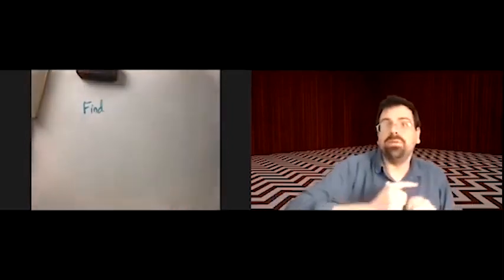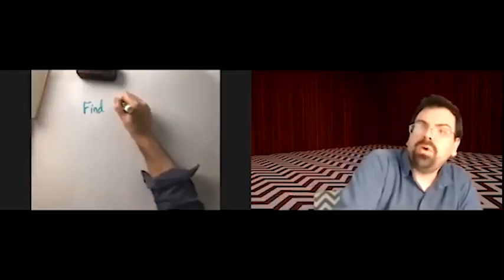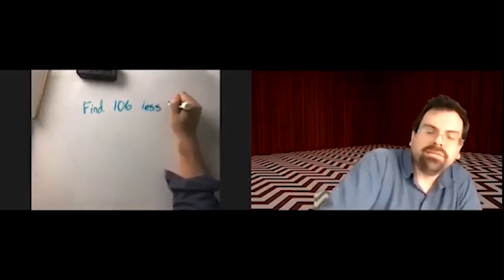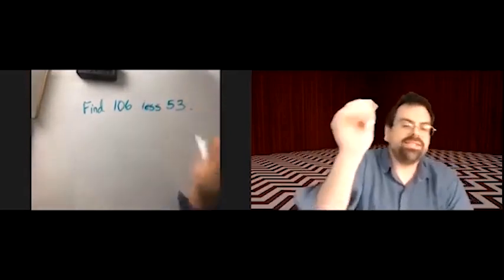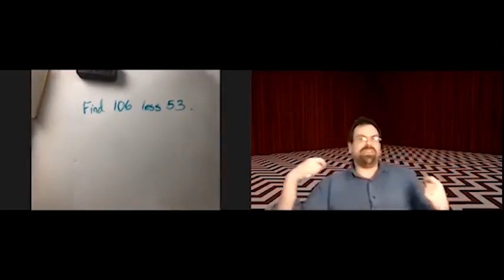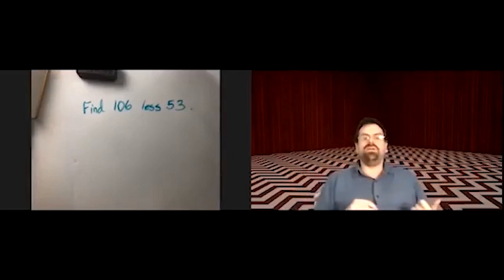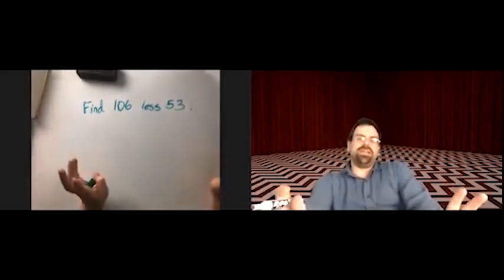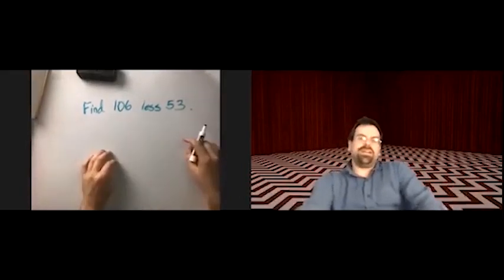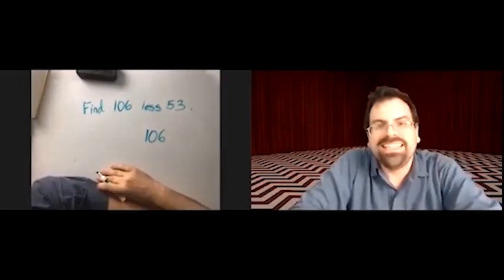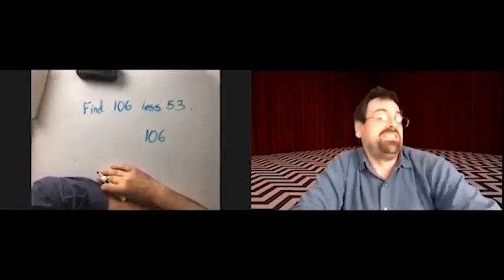Another weird way of seeing a subtraction problem. Find 106 less 53. This does not say find the number that is 106 less than 53, which would be some negative number. 106 less 53 means we start with 106 and we make it less 53.